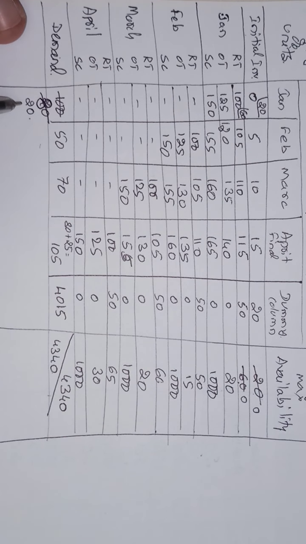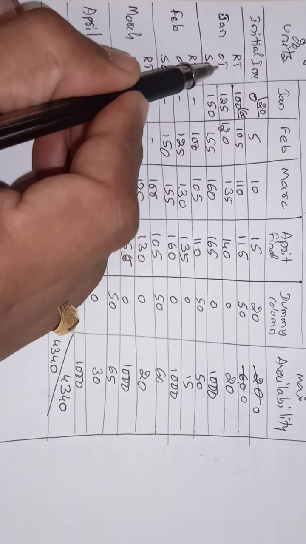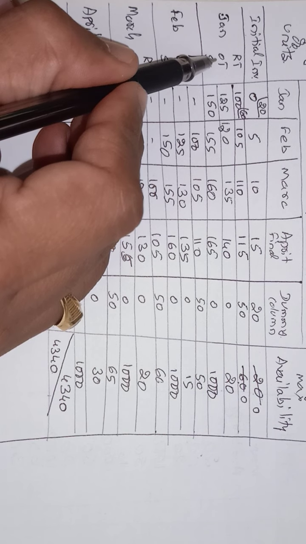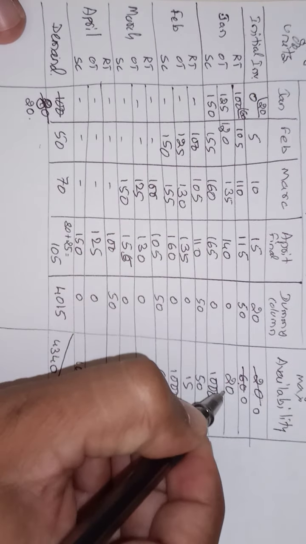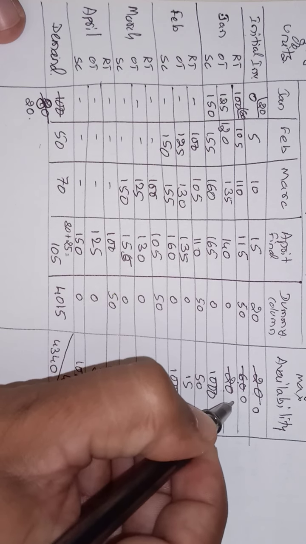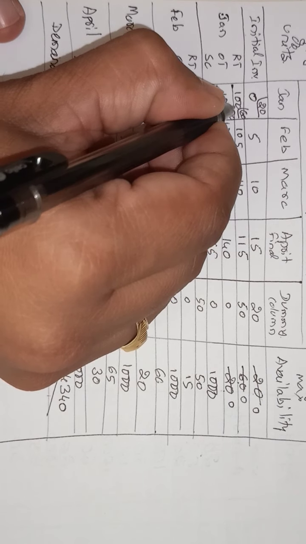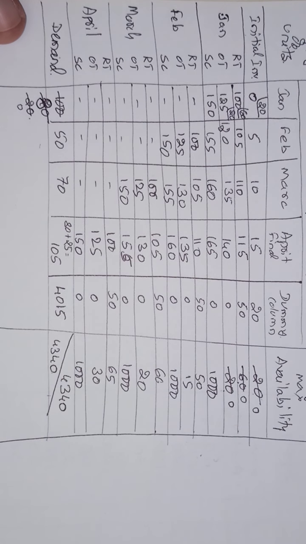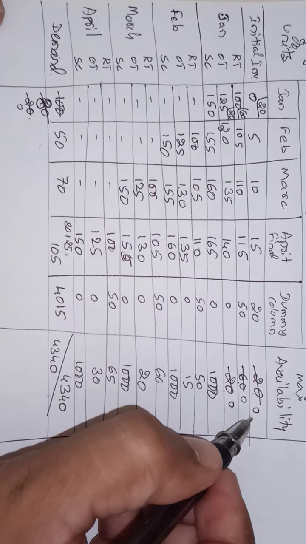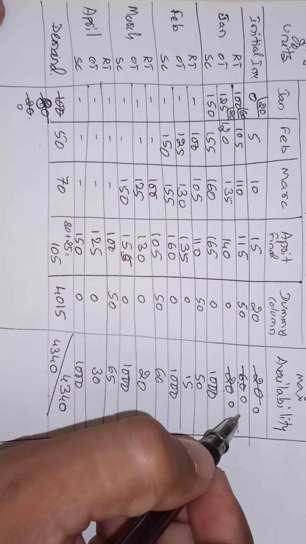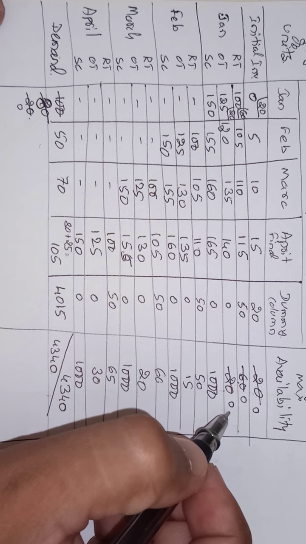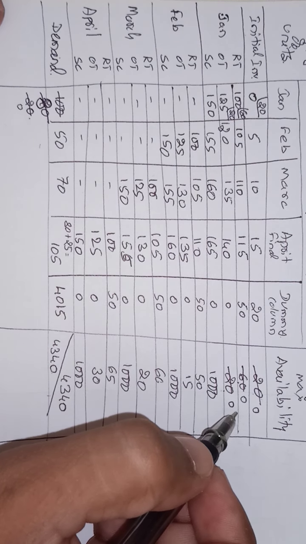Now again we cannot meet this demand with regular time, so we have to go to the next, that is overtime. From the overtime, how much quantity is available? 20. So use that 20, and how much is needed? 20. So that 20 you should allocate at this point, right? Now the 100 quantities are met by using the initial inventory, regular time as well as overtime in the January month, right?